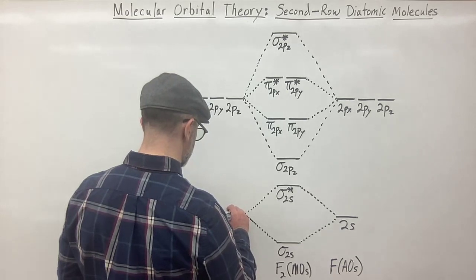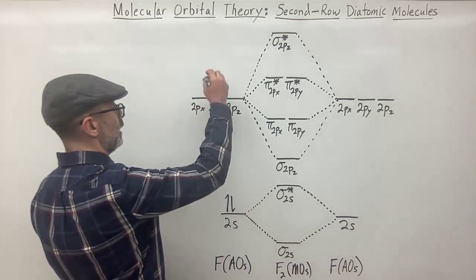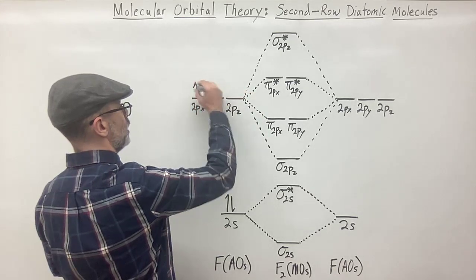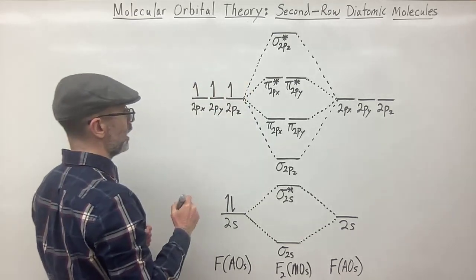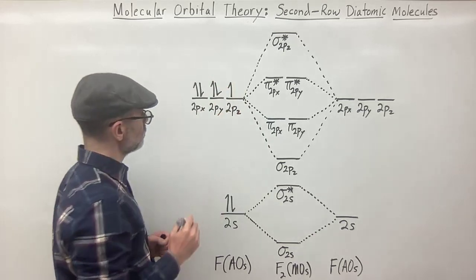So we have 7 electrons: spin up, spin down here. Then we have 3 equal energies, so by Hund's rule, spin up, spin up, spin up, that's 5. And we have 2 more, spin down, spin down.